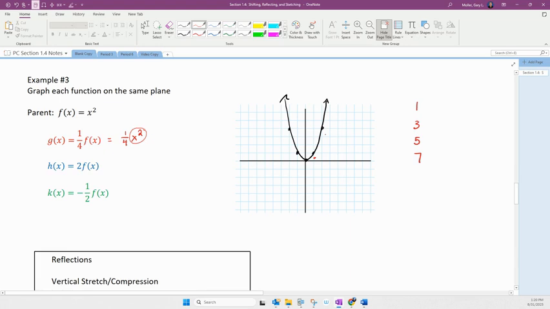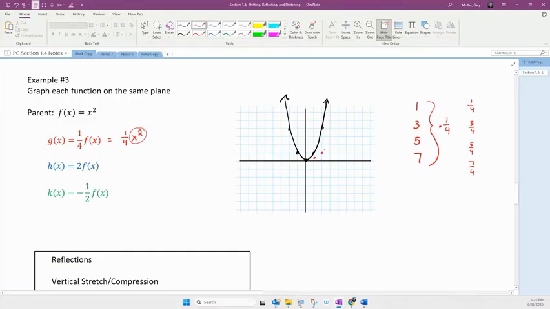Because what I'm doing is this 1/4 is affecting the vertical scale. So the easiest way for me is to know my pattern and then just multiply it by whatever the scale is. So I'm going to go up a fourth. I'm going to go up 3/4. I'm going to go up 5/4, 7/4. You get it. So over 1 up a fourth, over 1 up 3 more fourths.